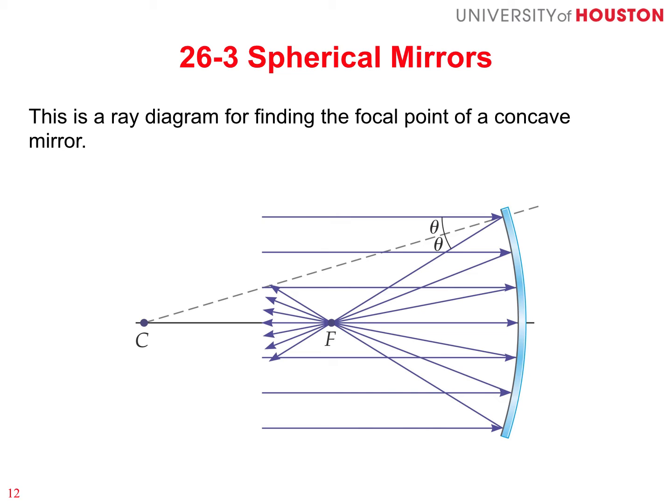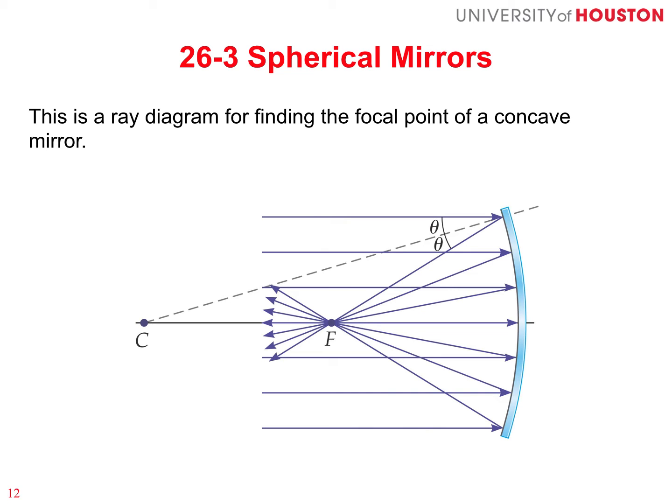Here we have the case for a concave mirror. We have parallel rays that hit the mirror, and these actually meet at the focal point, which is denoted by F, and after the focal point they will start to diverge.